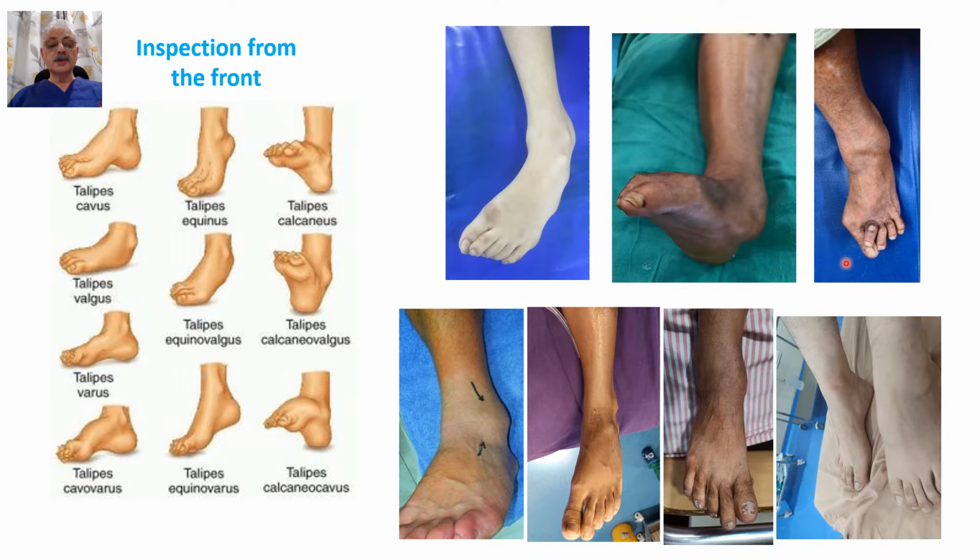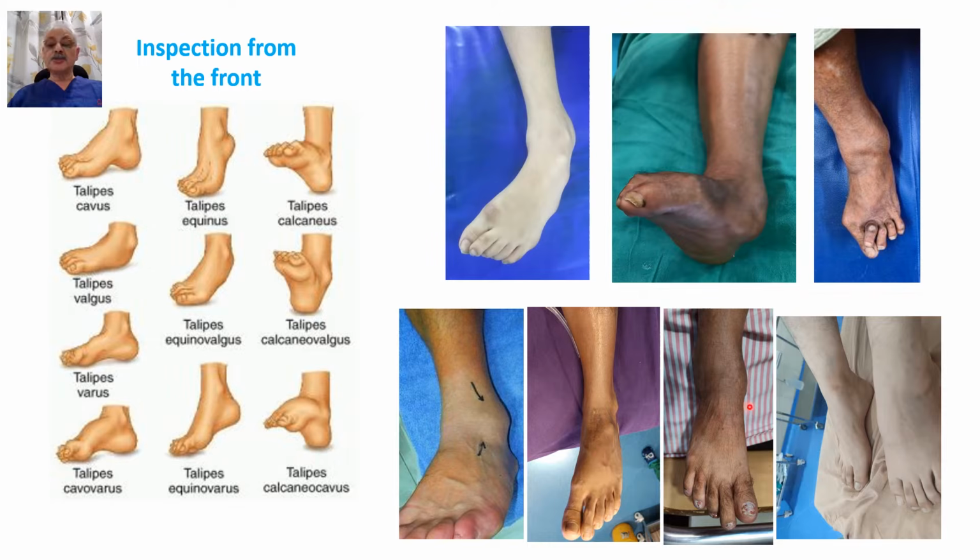Then try to locate the swelling if it is present, where the swelling is located. In this case, the swelling is just above the ankle, and the patient had a syndesmotic injury. In this patient, the swelling is again in the ankle region but a little low, but this patient had a recurrent tumor.